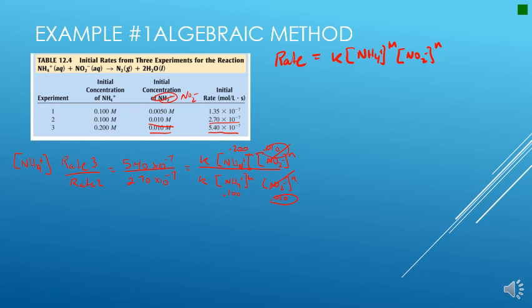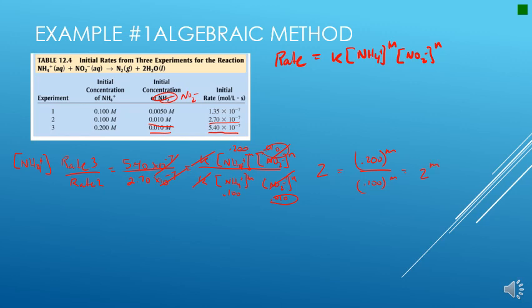The K, because the temperature is being held constant, the K for the reaction will stay the same. And so now I have my ratio here, 2 for the change in the rate, 5.4 divided by 2.7, 10 to the minus 7ths cancel off, so that's equal to 2, and that's now equal to 0.200 raised to the M divided by 0.100 raised to the M. So hopefully you can see here, 0.2 divided by 0.1, that's equal to 2 raised to the M power.